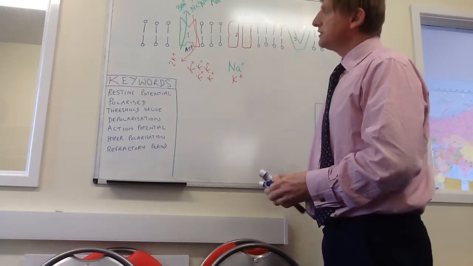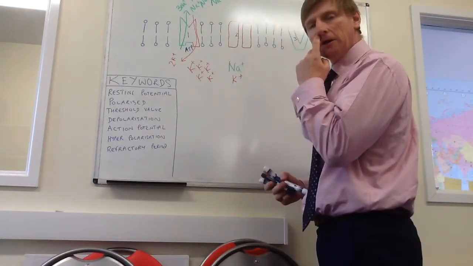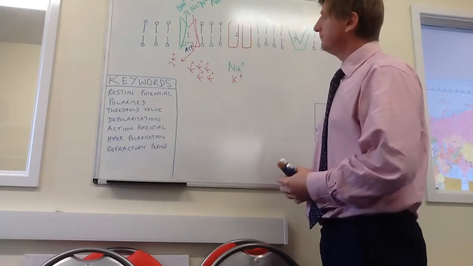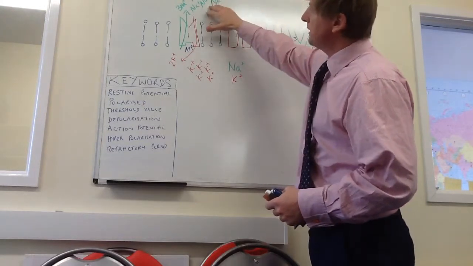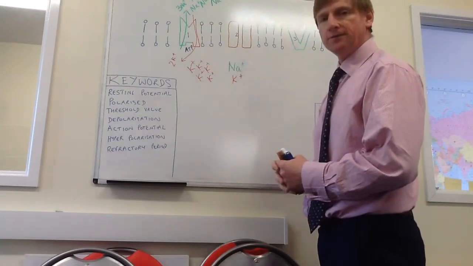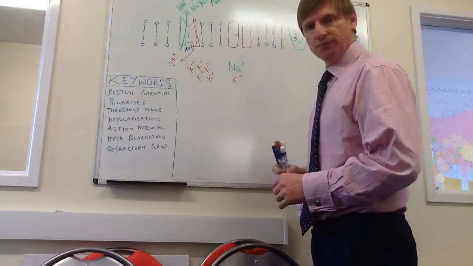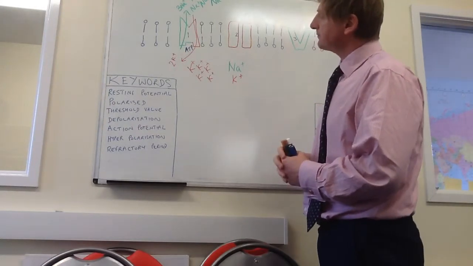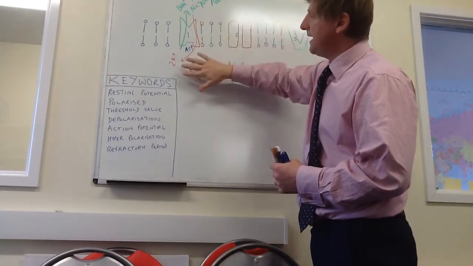Now, this is going to mean that there's more sodiums on the outside than on the inside. But there's a couple of subtleties that we need to appreciate here. The first is that 3 pluses are pumped out to 2 pluses coming in. So the outside is going to be more positive than the inside. The other thing to say is that there's loads of sodiums out here and not many here.